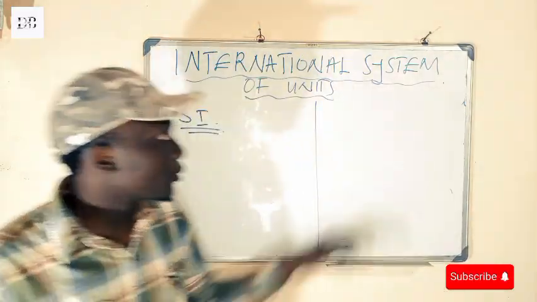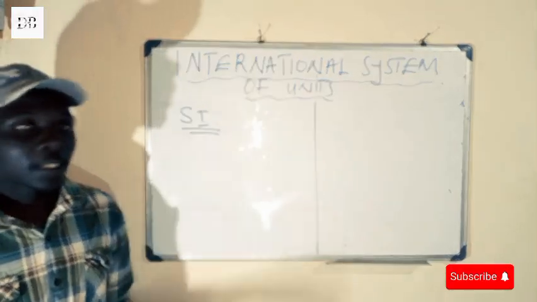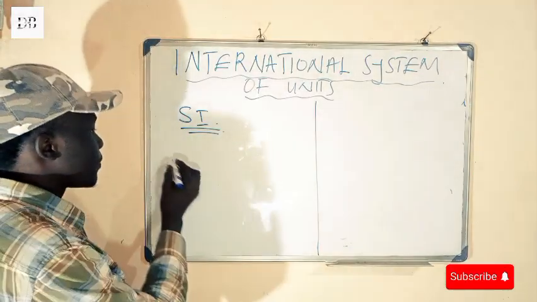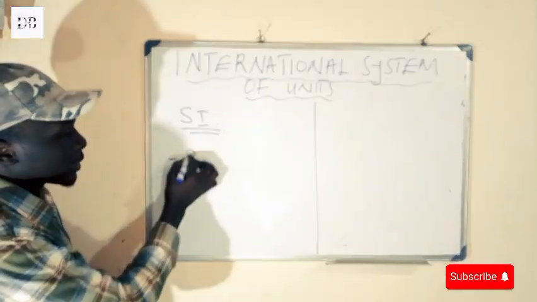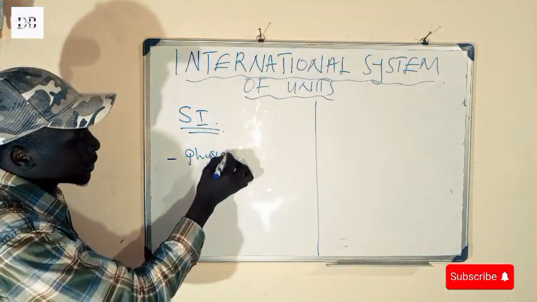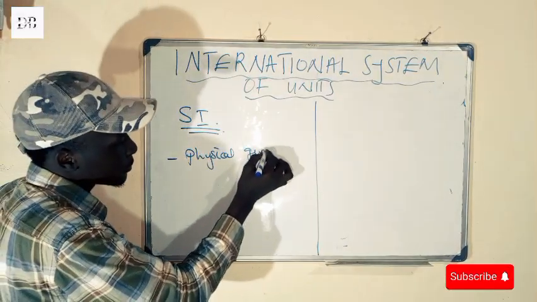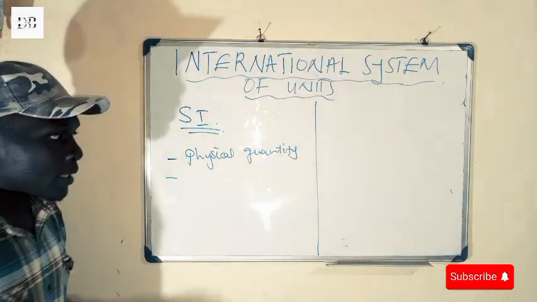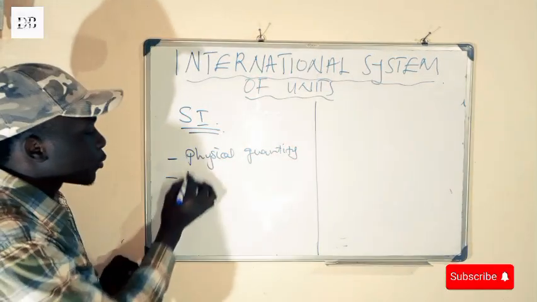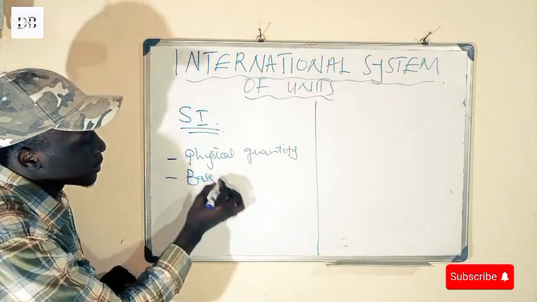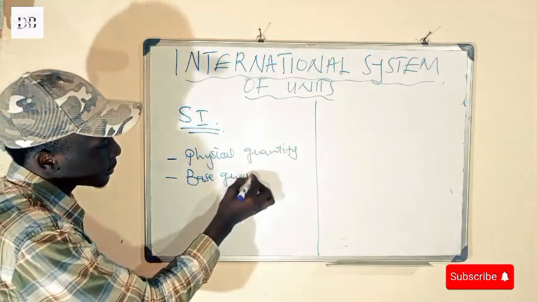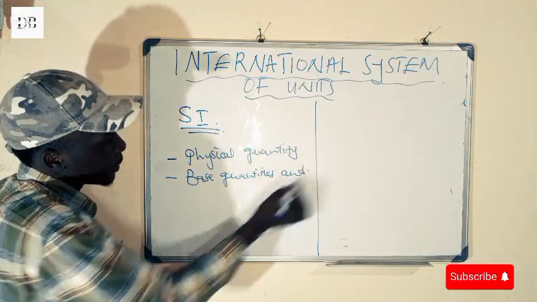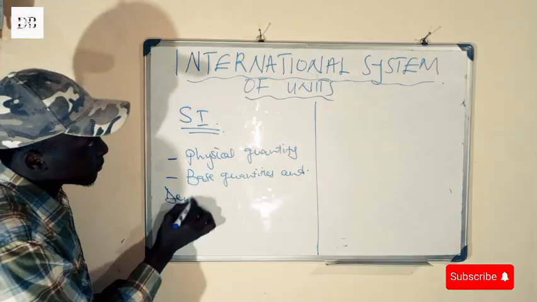So what do you need to know under this topic? By the end of this lesson, you must be able to understand what a physical quantity is. You must be able to differentiate what are known as base quantities and derived quantities.